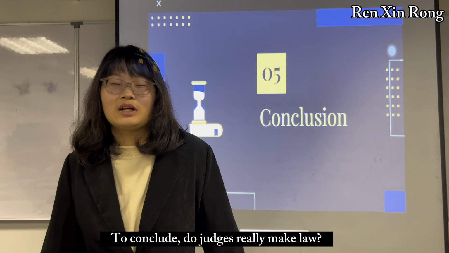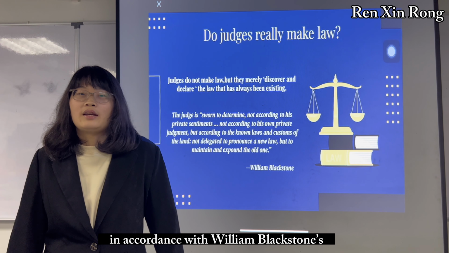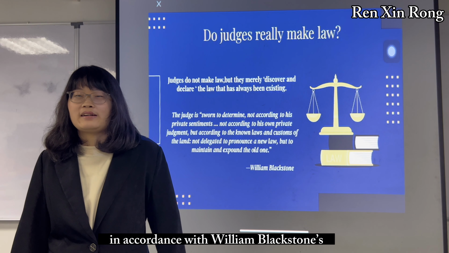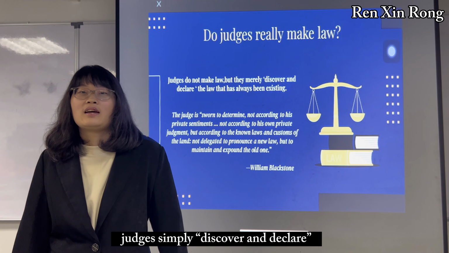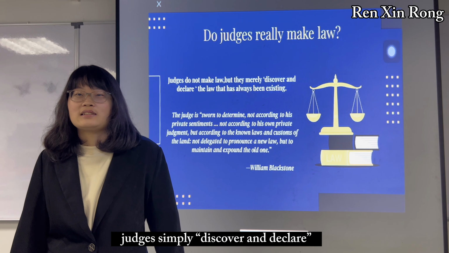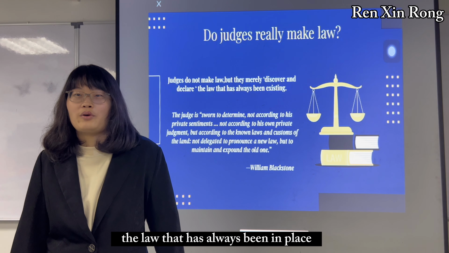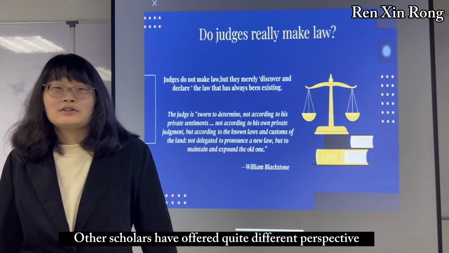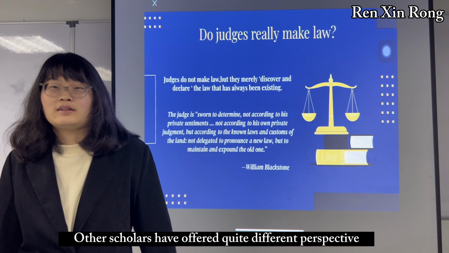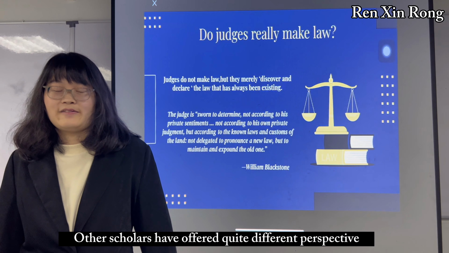To conclude, the judges really do make law. In accordance with William Blackstone's traditional declaratory theory, judges simply discover and declare the law that has always been in place. Other scholars have offered quite different perspectives.